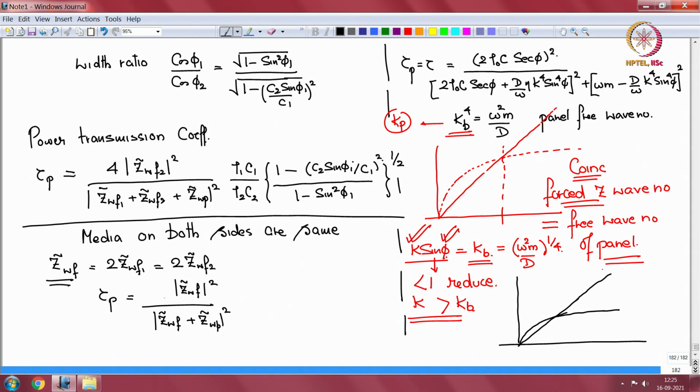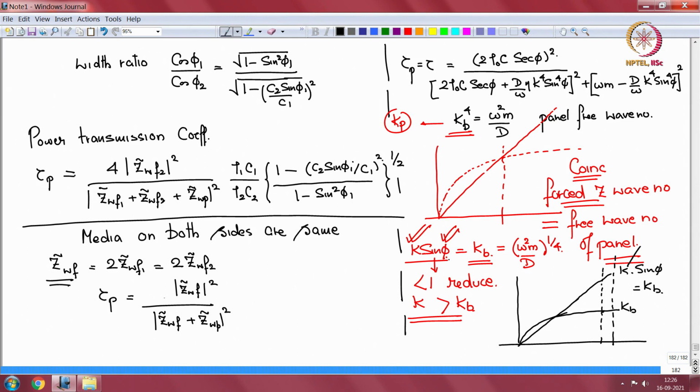That means K is much bigger than KB. Okay. So I have a certain angle of phi which will give me equality. Then I have smaller and smaller angles of phi which will also give me equality with KB. If I can go to a higher frequency, then phi can be even smaller, so that K sine phi equals KB.